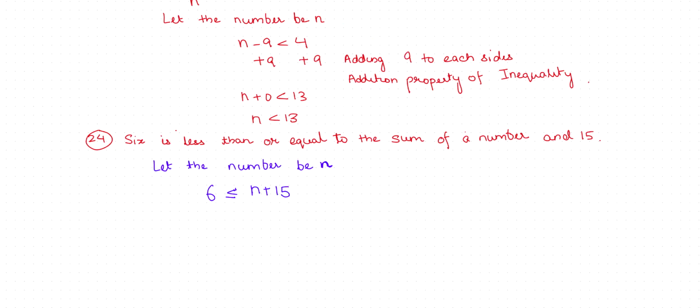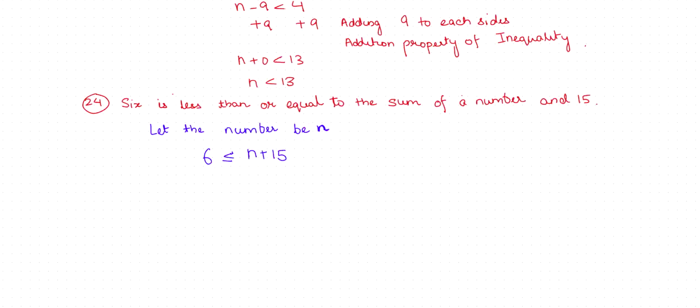We can solve it like this, or we can bring n plus 15 to the left, but be sure to reverse the sign: n plus 15 is greater than or equal to 6. Now subtracting 15 from both sides using the subtraction property of inequality, this gives n plus 0 because plus 15 minus 15 is 0, and 6 minus 15 is negative 9.